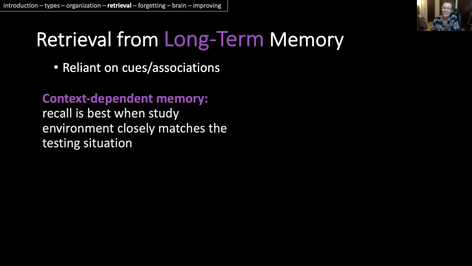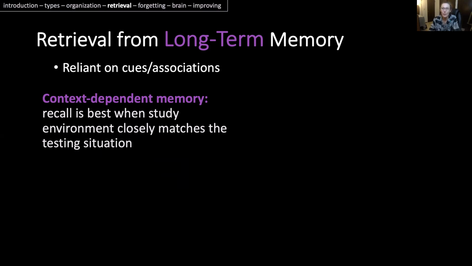Now, the cool thing is we can use this to our advantage. There's a phenomenon called context-dependent memory, which shows that recall for information is best when your study environment, the things around you, also match the testing situation, the things around you when you're testing.